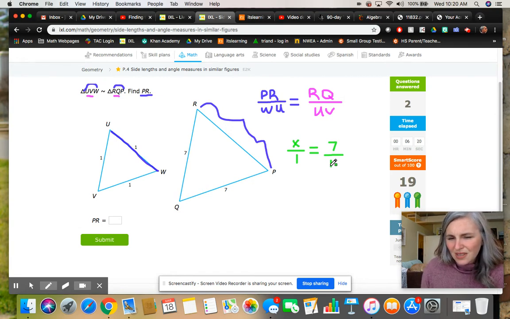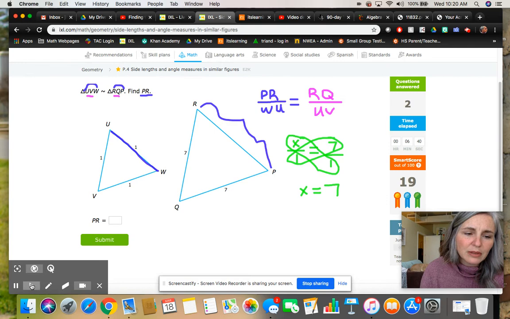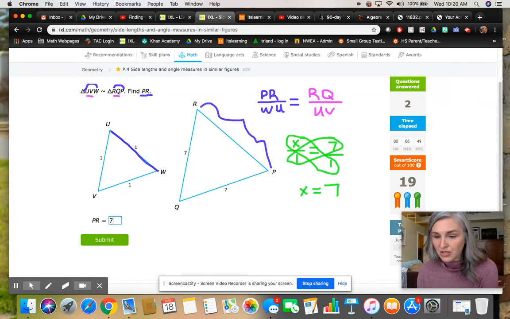This is actually kind of straightforward. If you want to do cross products, this would be 1 times x, which is x, equal to 7 times 1, which is 7. So that tells me that this side has to be 7. I think you can probably see it: if this is 1, 1, 1, then this is going to have to be 7, 7, 7. If you can't see it, you can absolutely set up the proportion every time and solve for it like I just did.